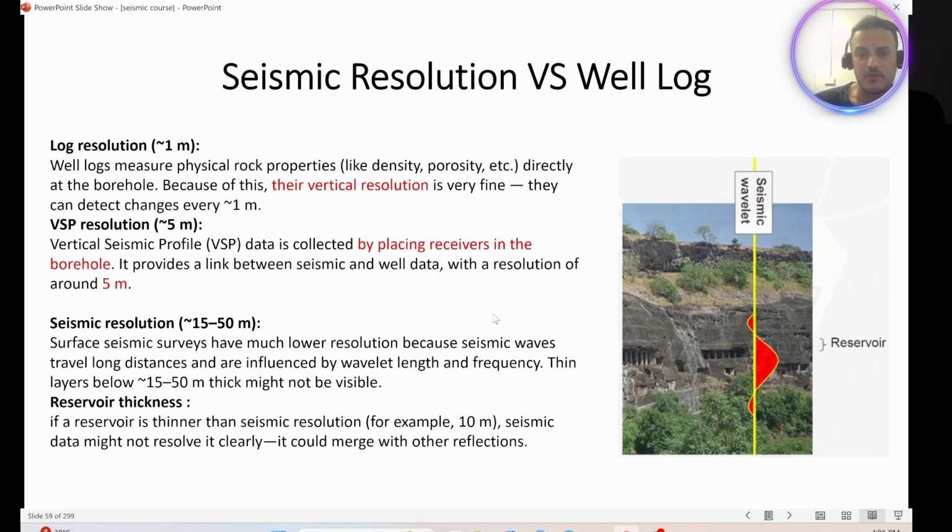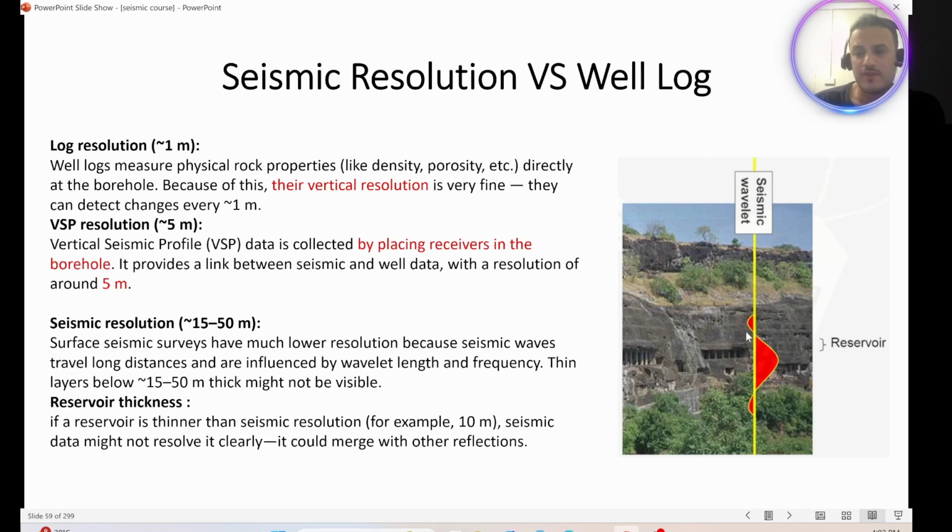velocity divided by frequency, we can get the lambda, the wavelength. So the wavelength is the most important here. So for wavelength divided by 4, any thin layer, any bed that is thinner than lambda divided by 4, we cannot detect these thin changes.